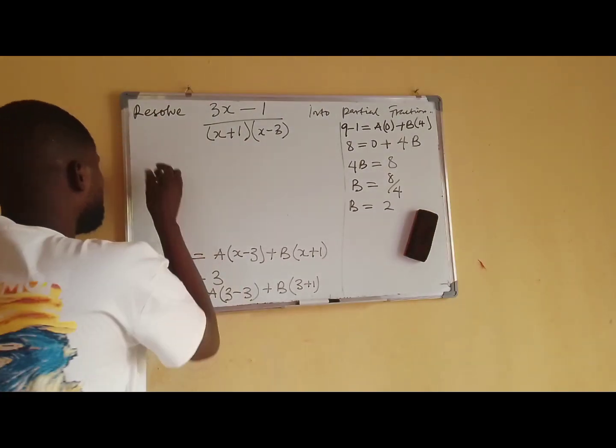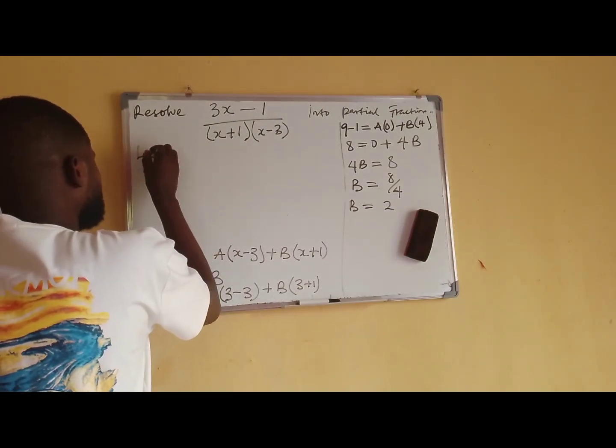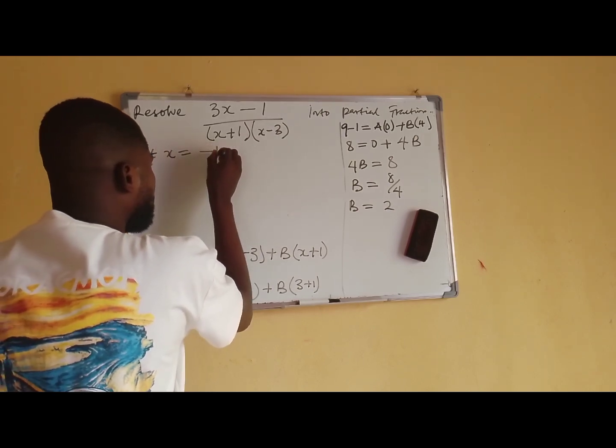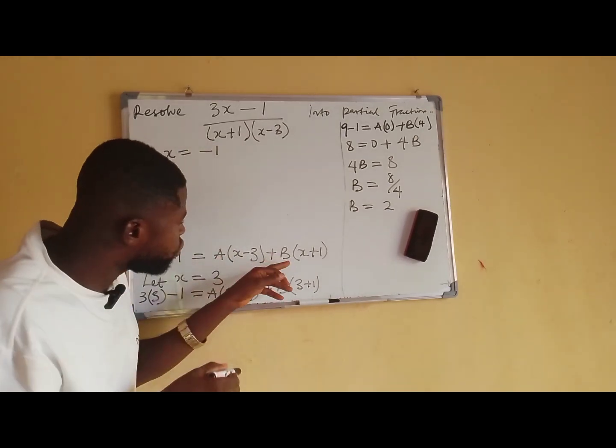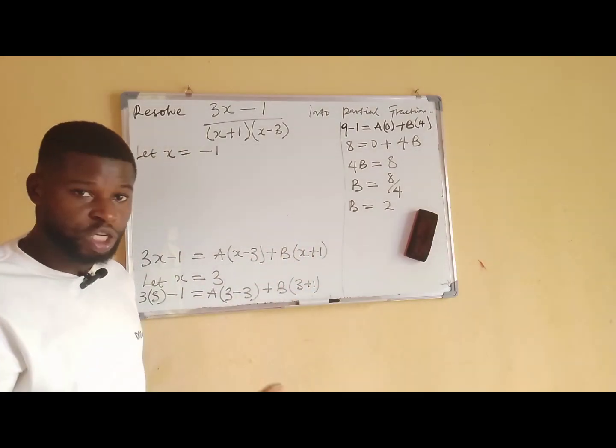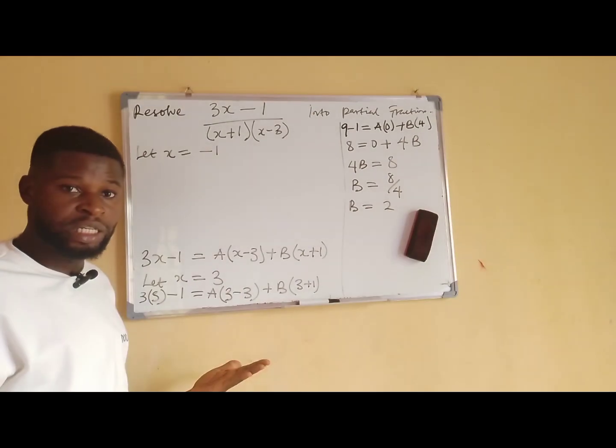Now we say let x be equal to minus 1. Now letting x be equal to minus 1, we now make this bracket equal to 0. We are having two brackets.